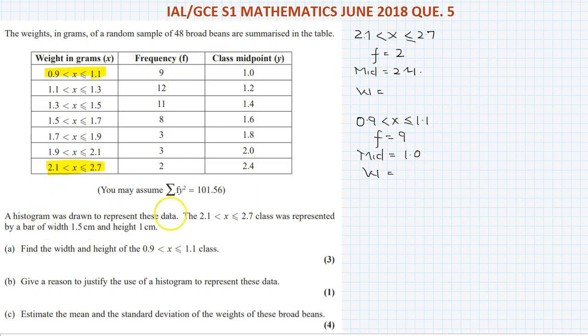Now what is given here is, this class is represented by a bar of width 1.5. Say this is 1.5 and this is 1.